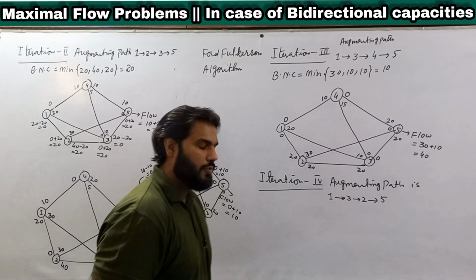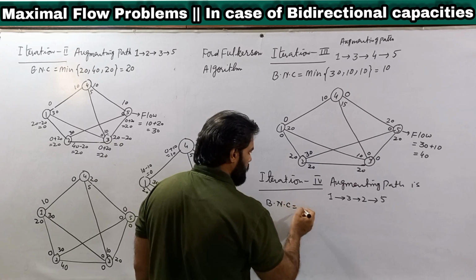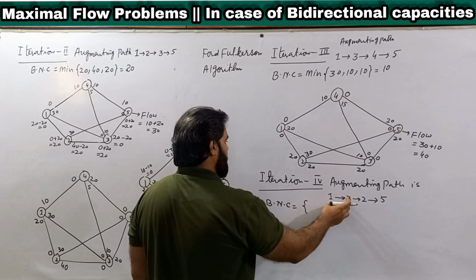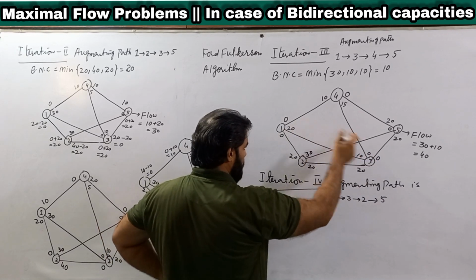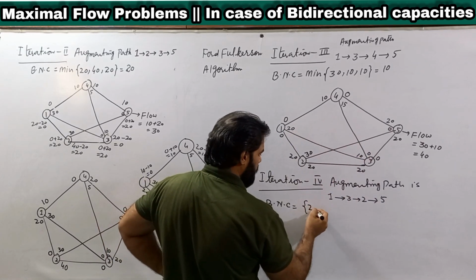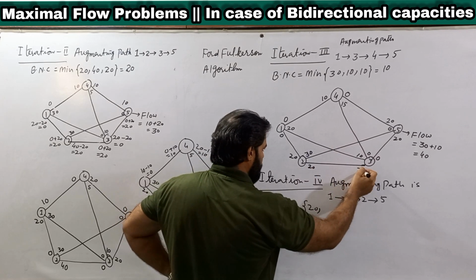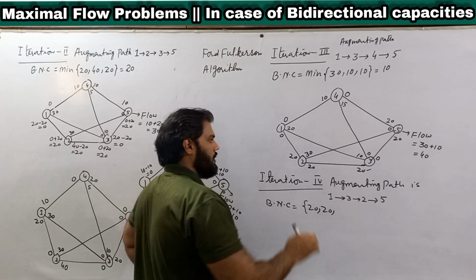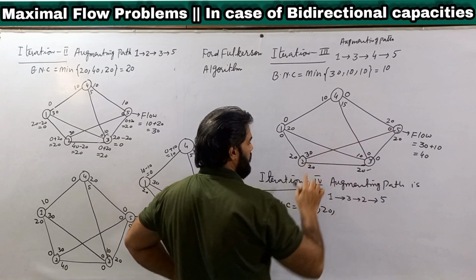For this path we find the bottleneck capacity. The capacity for nodes 1 and 3 is 20 here. Then from 3 to 2 the capacity is again 20, and then from node 2 to node 5 the capacity is 30 here.